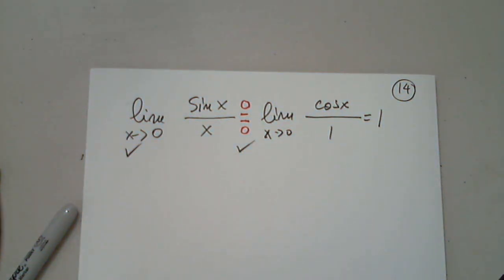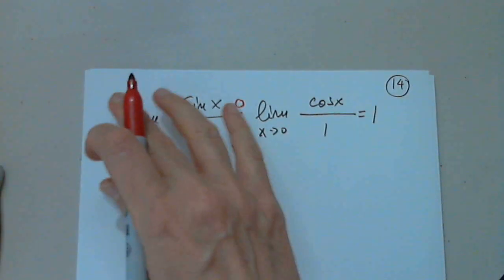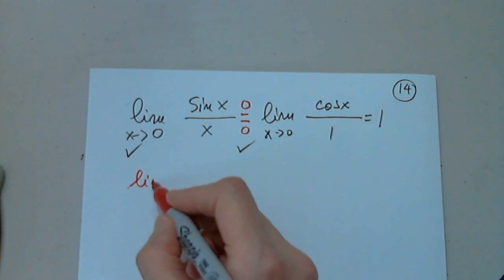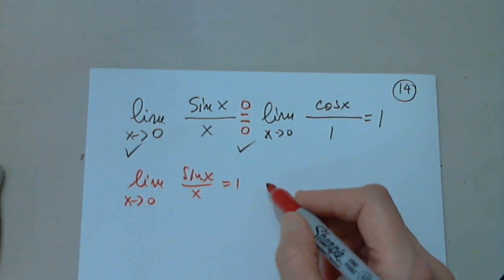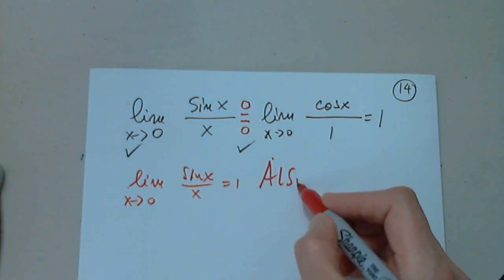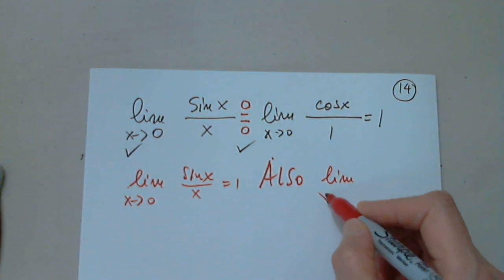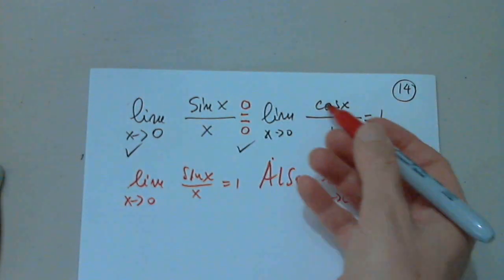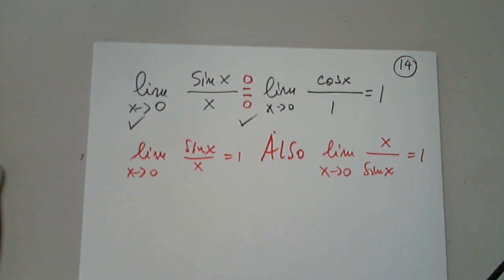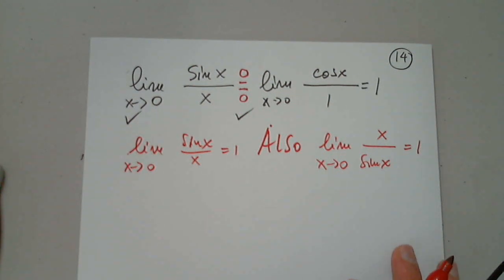So what we need to remember from here is the fact that the limit of sine x over x as x approaches 0 is 1, and also the limit as x approaches 0 of x over sine x is also 1, using the same rule, L'Hopital's rule. You can determine that that's also 1.